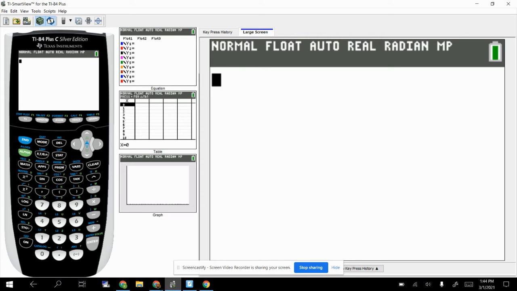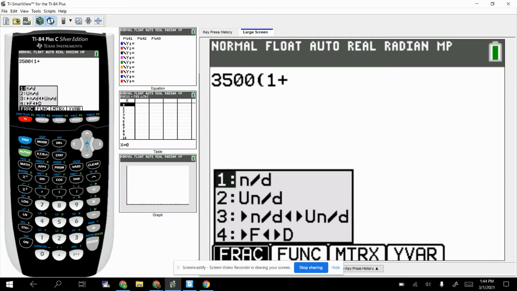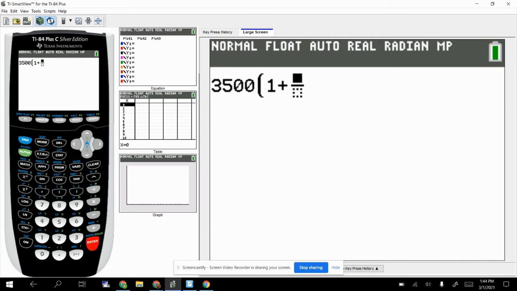So I would do 3,500 times 1 plus, and then here's where I would do a little fraction, so alpha y equals, enter, and I would do 0.04, the rate, over the quarterly, so 4, and then to the n times t, so n times 5.